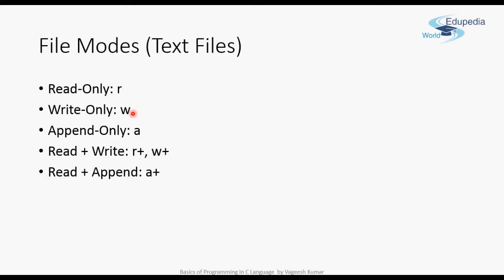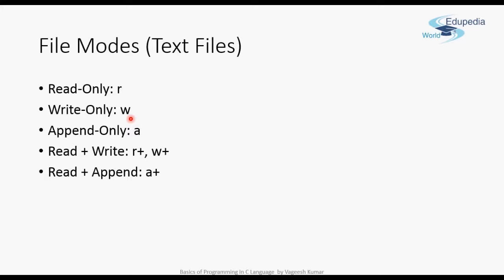So if your file already has 10 lines in it, it will write from the first line onwards. So it will overwrite the first 10 lines. Okay, so whatever information is already there will get overwritten. But if you use append only mode, it will not get overwritten, but it will go to the 11th line and then write from there onwards.